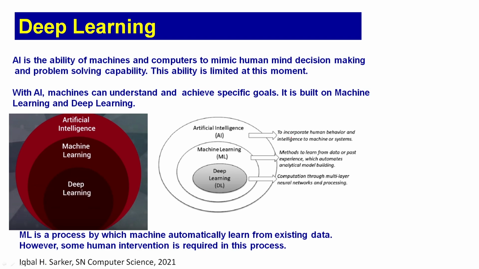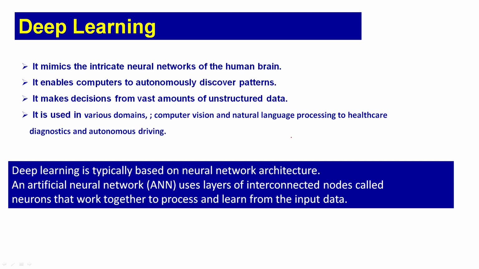In a nutshell, it mimics the intricate neural networks of the human brain. That is the key thing of any deep learning method. It will mimic the intricate neural networks which are present in the human brain. That allows us to autonomously compute or discover certain patterns.